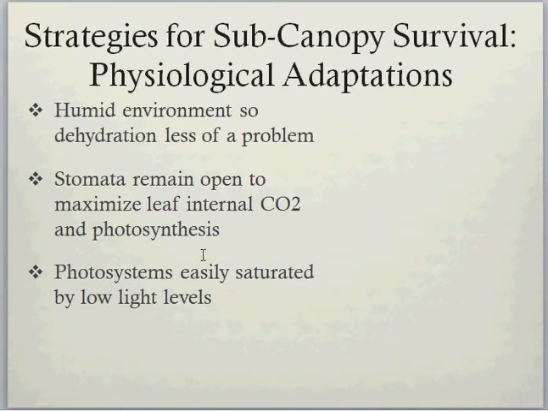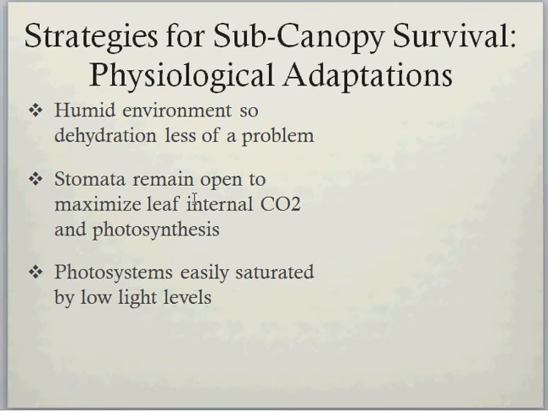If you have a low humidity environment, the stomata will have to close, the internal CO2 concentration will fall, and photosynthesis will stop. Okay? High humidity, photosynthesis can occur longer. So these plants will tend to be adapted to high humidity environments, and they won't be able to survive in lower humidity environments.